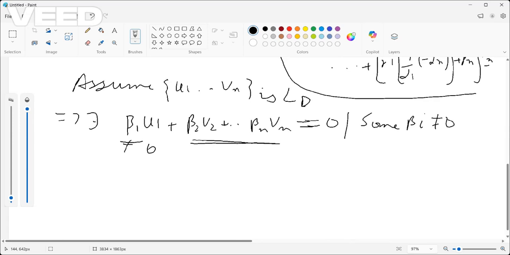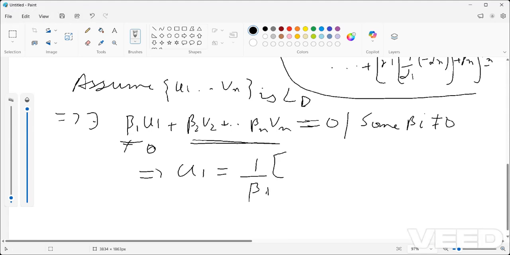Now, if beta 1 is not 0, then we can write u1 as 1 over beta 1 times minus beta 2 v2 plus so on beta n vn.